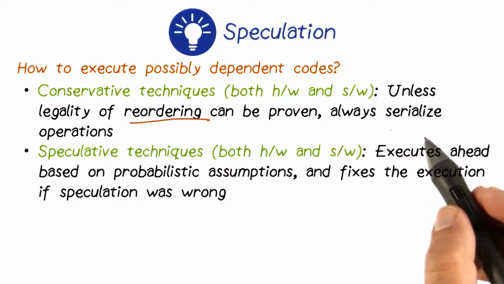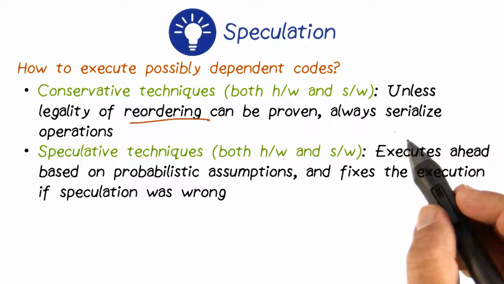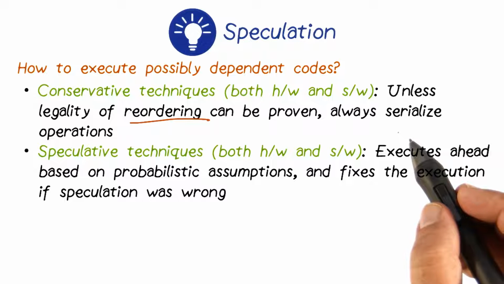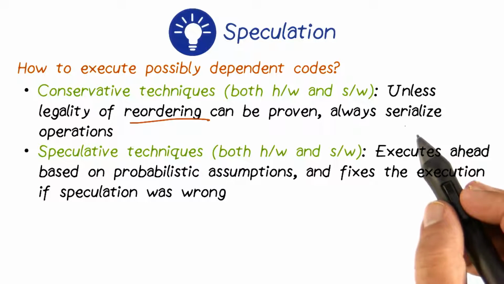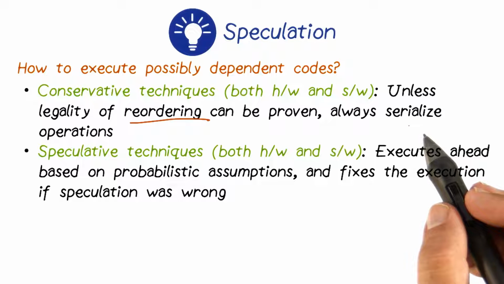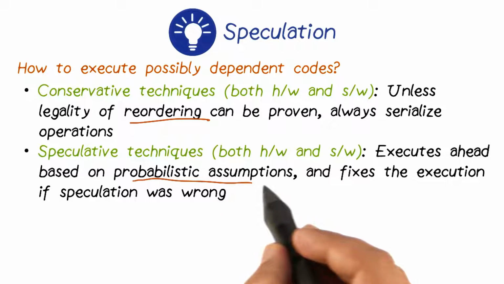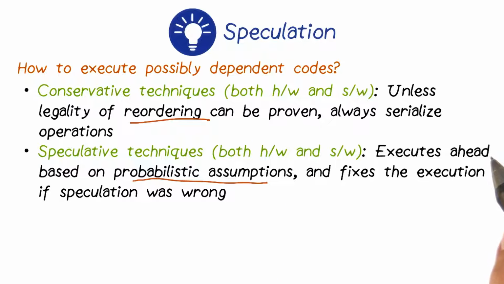As against this, imagine a speculative technique. Imagine this load sitting on one side of the branch but not on the other. When the branch goes in one direction, we will execute this load. On the other side, we will of course not execute the load. So in speculative execution, we will execute this particular load, betting on the fact that the branch goes in the direction which has the load on it. Speculation is therefore based on probabilistic assumptions.